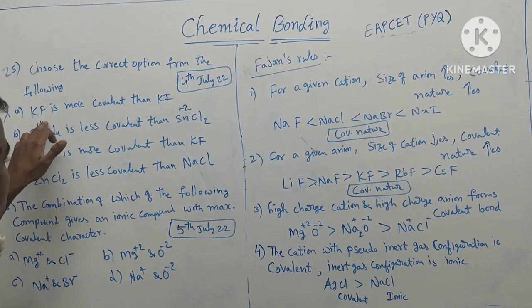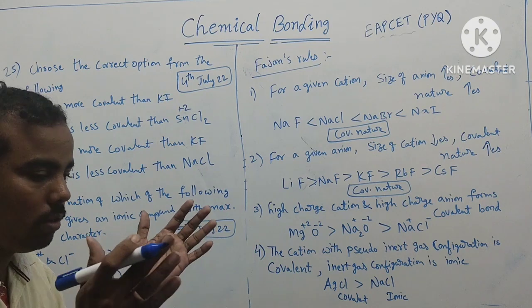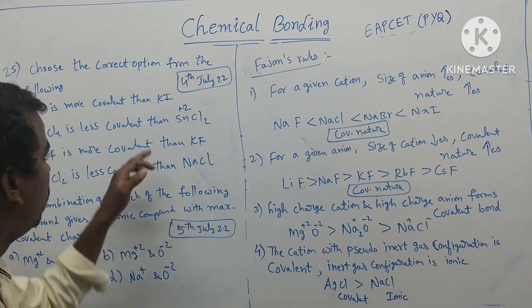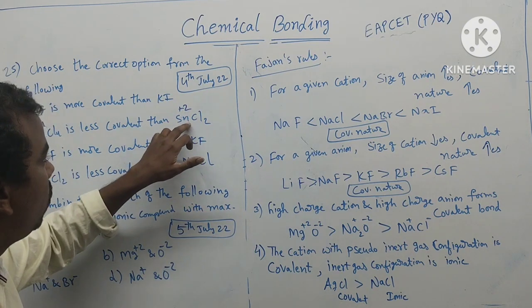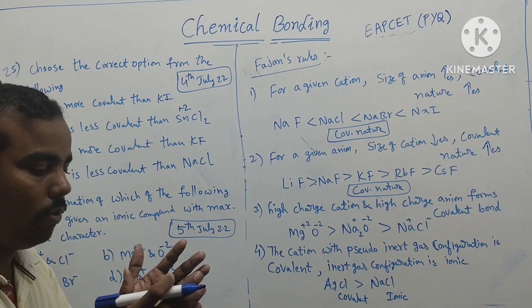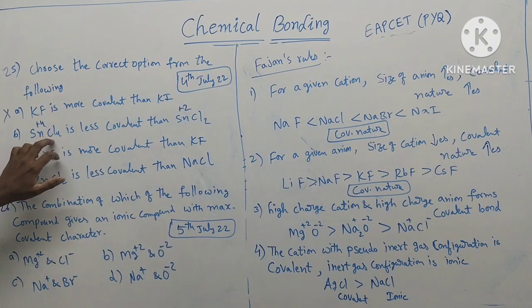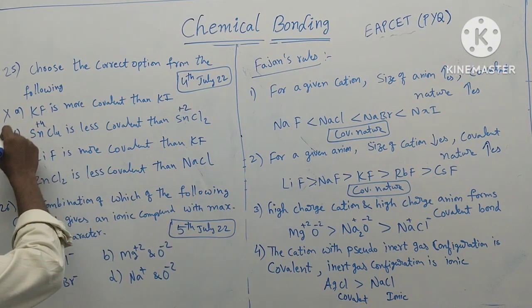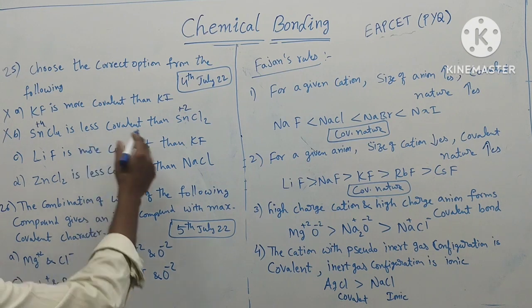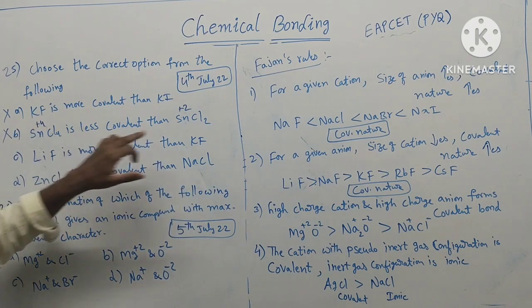Sn plus 4 means 4 electrons are lost, and 4 electrons lost means the size decreases. If only 2 electrons are lost, that means small size. 4 electrons lost means very small size. Very small size means Sn plus 4 is more covalent. So it is also wrong. He has given less covalent. So understand? Sn plus 4, Sn plus 2.